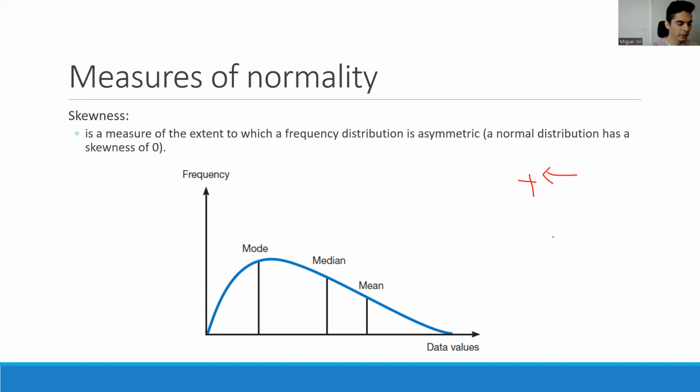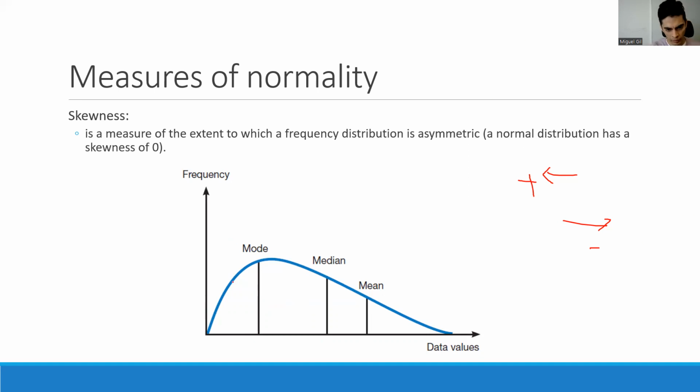And then we have the other one. If it is to the right, we say that it's negatively skewed. When you report that the distribution of your variable is not normal, you can even say that it is positively skewed or negatively skewed. That is something important.